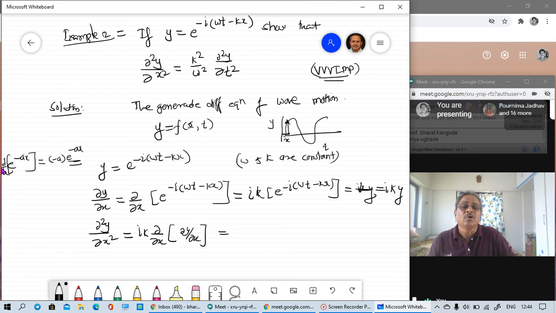And just now I have obtained delta y upon delta x is ik into y, or you can write this as I into k outside, delta by delta x of e raised to minus I omega t minus kx again.